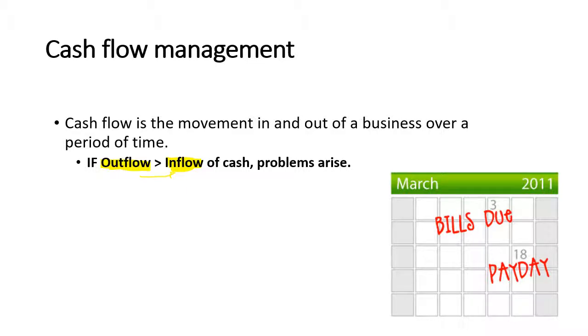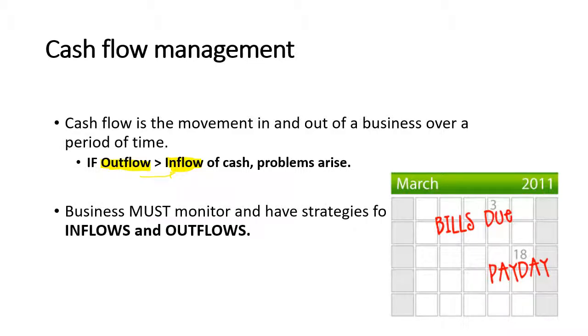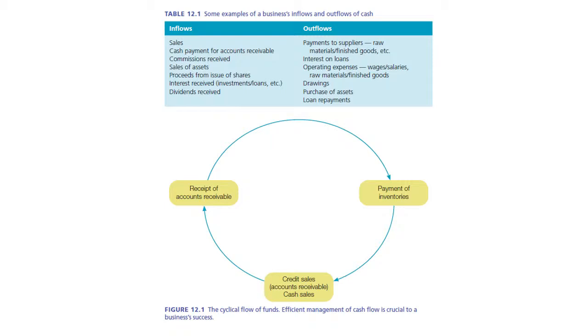Okay, because I might not be able to pay off my debt. I might not be able to pay off my suppliers. A business would have to essentially borrow money or sell off its assets, like its non-current assets, to service it. Okay, so the business, because of that, needs to monitor its inflows and outflows.